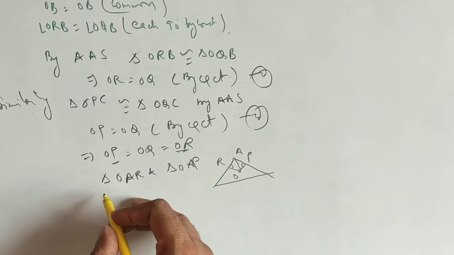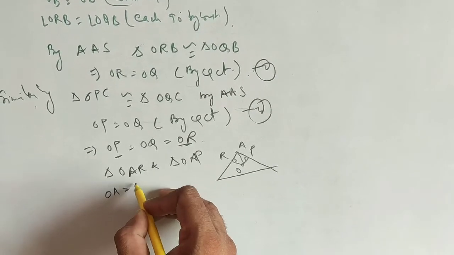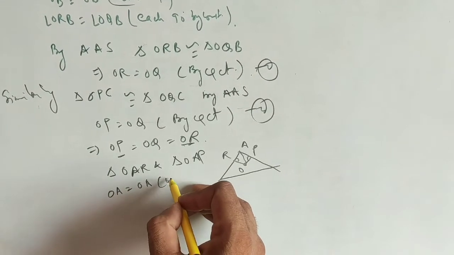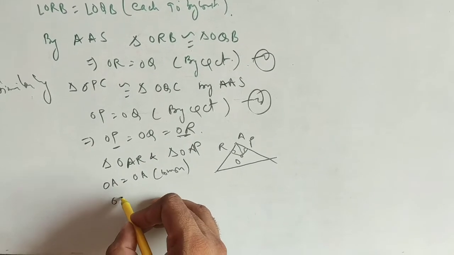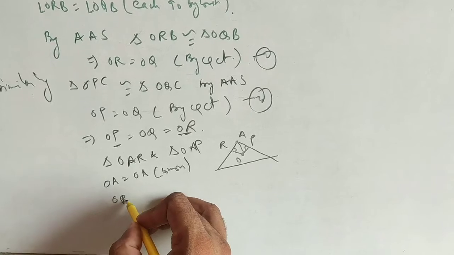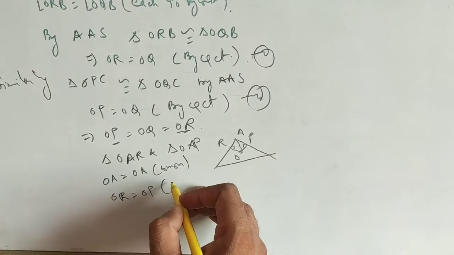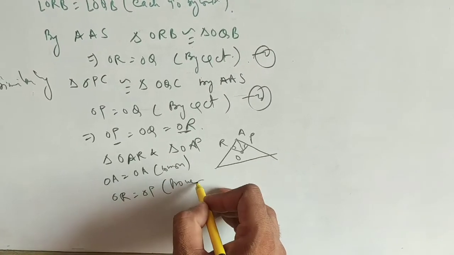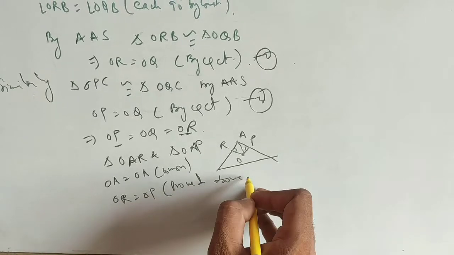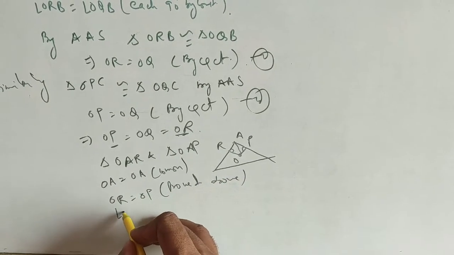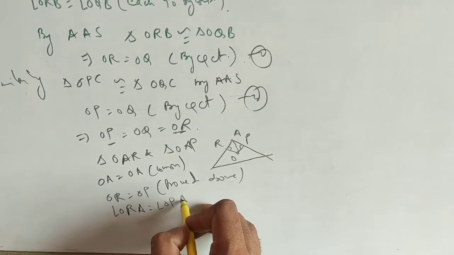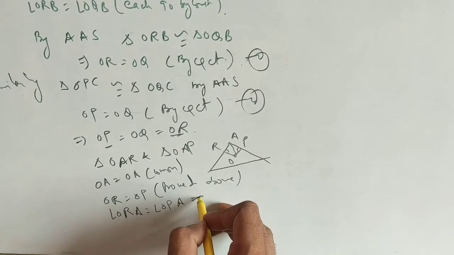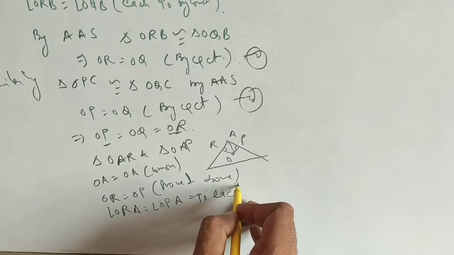So now in these two triangles we can say OA is equal to OA common, and OR is equal to OP proved above, and angle ORA is equal to angle OPA is equal to 90 degree each by construction.